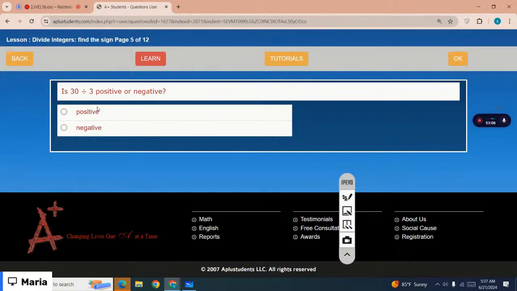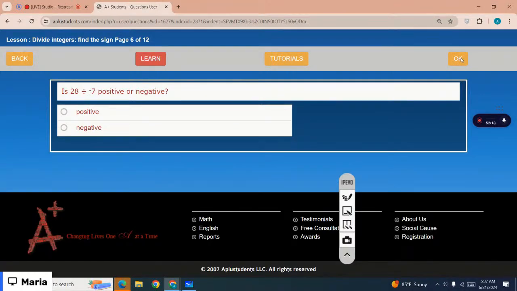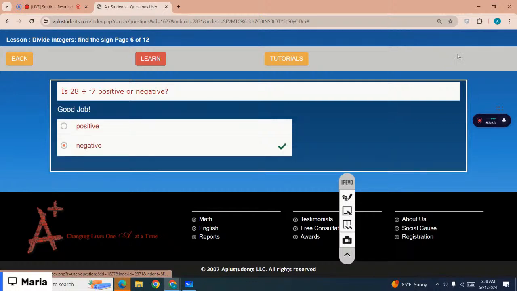Positive it is. The correct option is positive. Is 28 divided by negative 7 positive or negative? The correct option is negative. Option number 2 is the correct option.